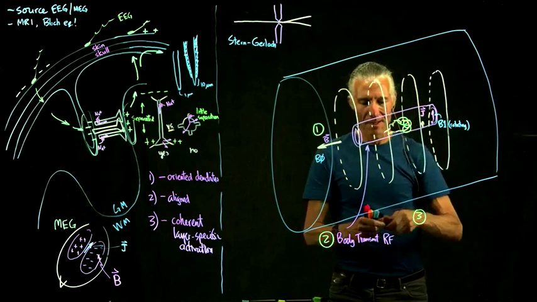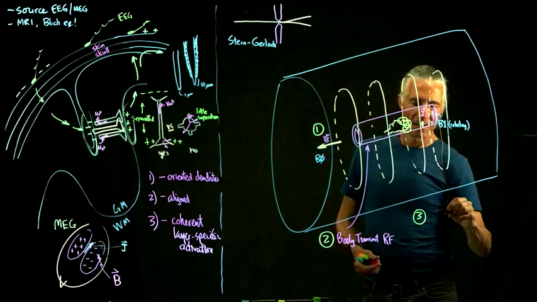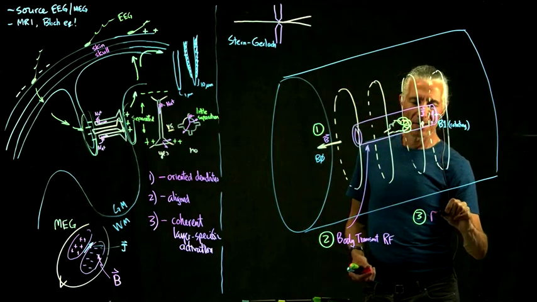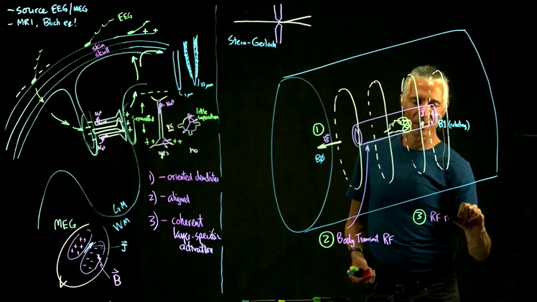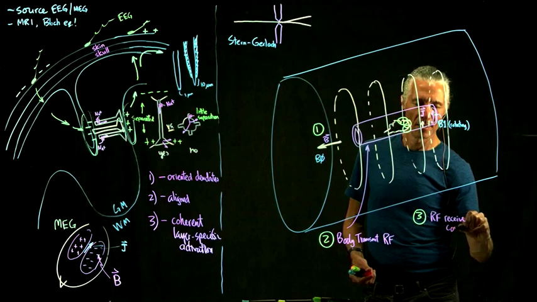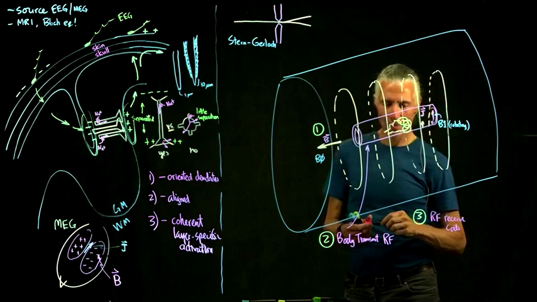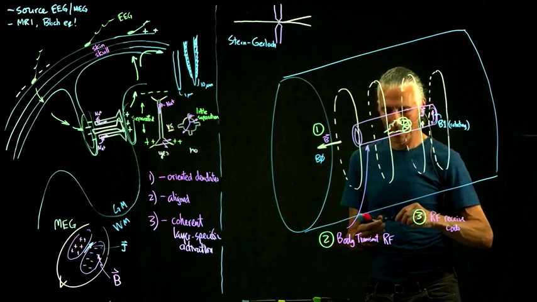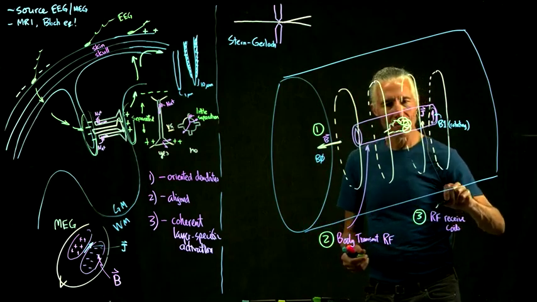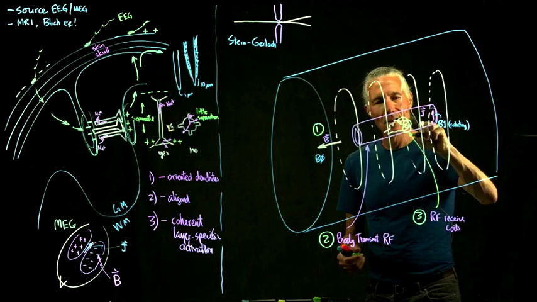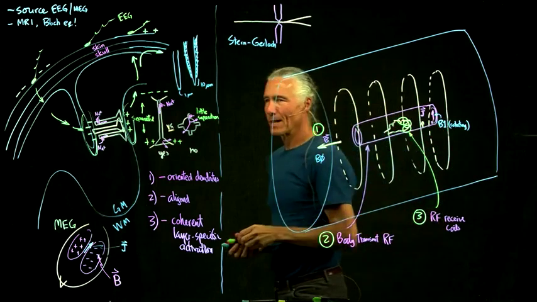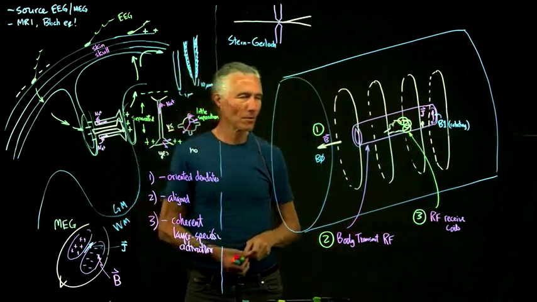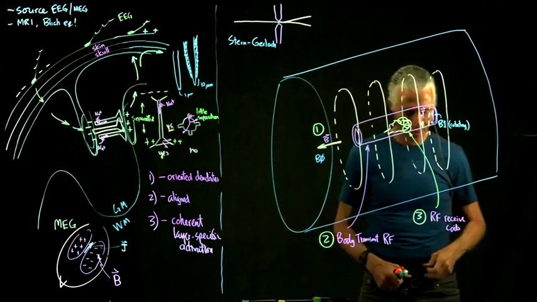Those are the RF receive coils, and they pick up this small signal that comes out of your head. It only comes out for a little bit of time, like about 1/10 of a second or so. So you have to record pretty quickly.